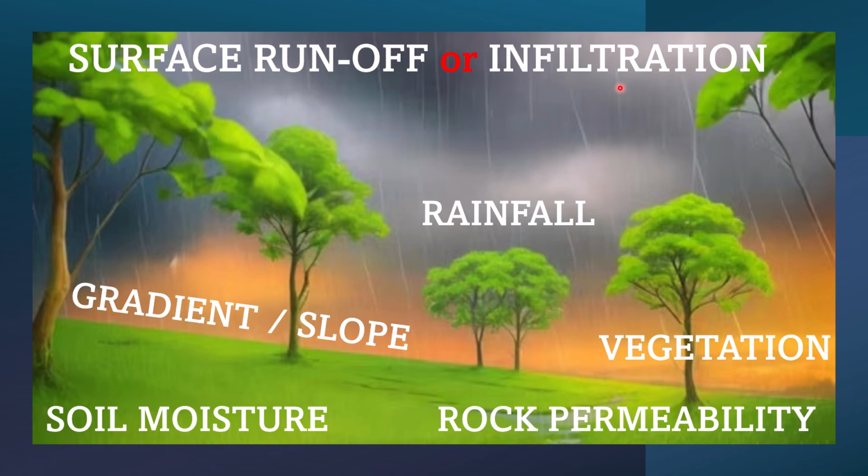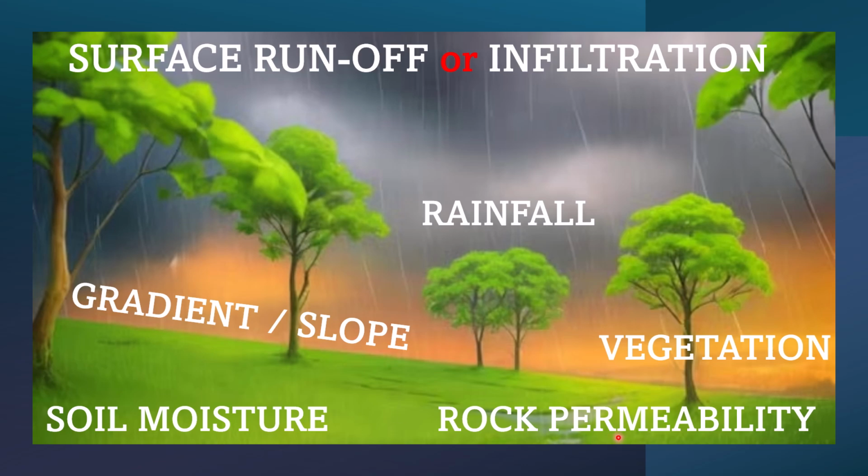The factors that have an influence on whether the water is going to stay as surface runoff or infiltrate are as follows. The rainfall, specifically the amount and the intensity of the rainfall, the gradient or the slope on which the water falls, the vegetation, especially in terms of the ground cover, the soil moisture, in other words, is the soil already filled with water or is it dry, and the permeability of the rock.